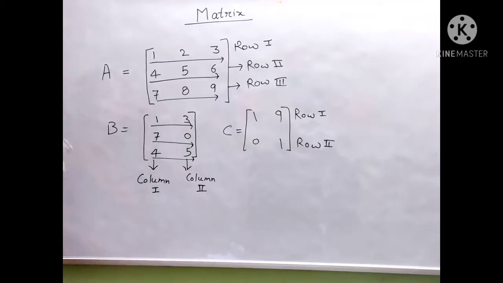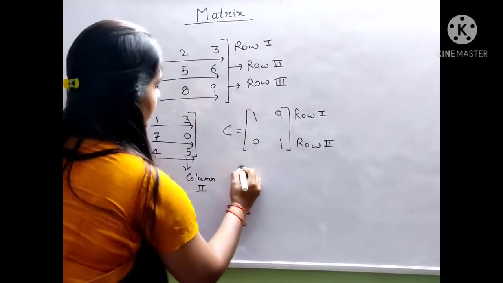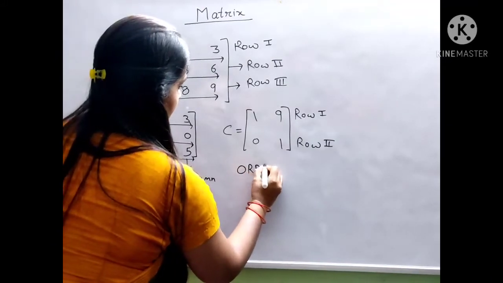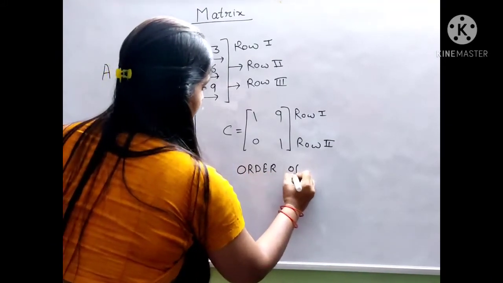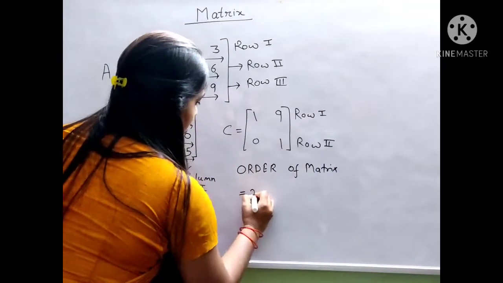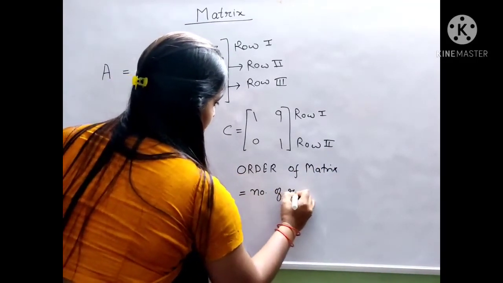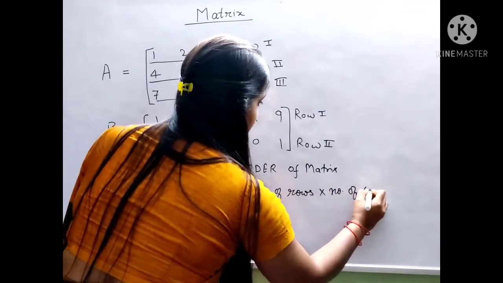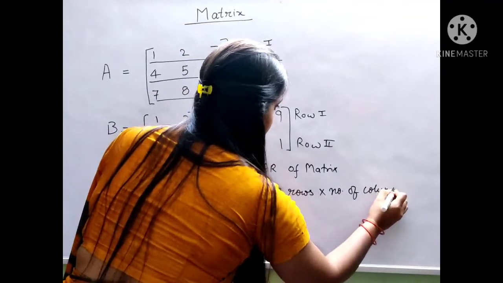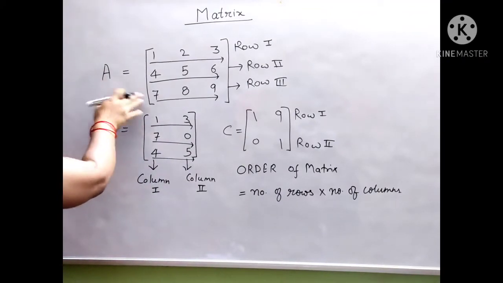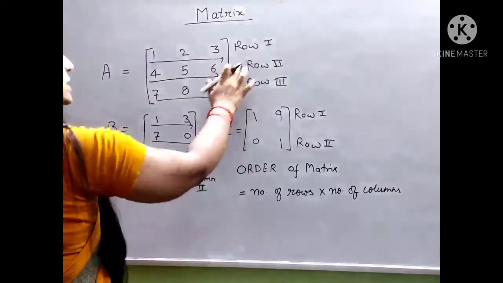So, the order of the matrix is equal to the number of rows multiplied by the number of columns.